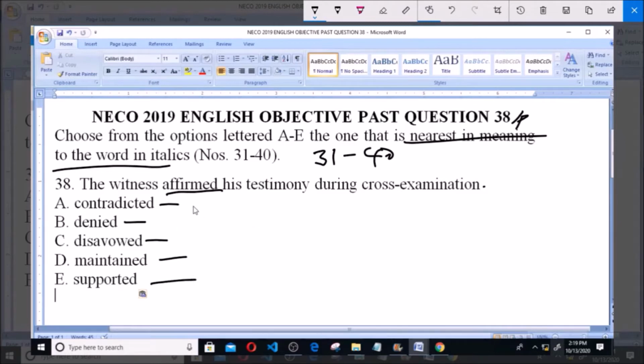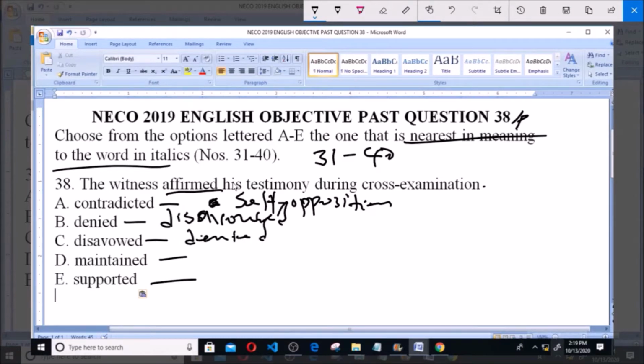When you contradict, it is the same as self-opposition, when you contradict what you said. Then denied is the same as disavowed, and when you disavow, it means that you denied what you said earlier.